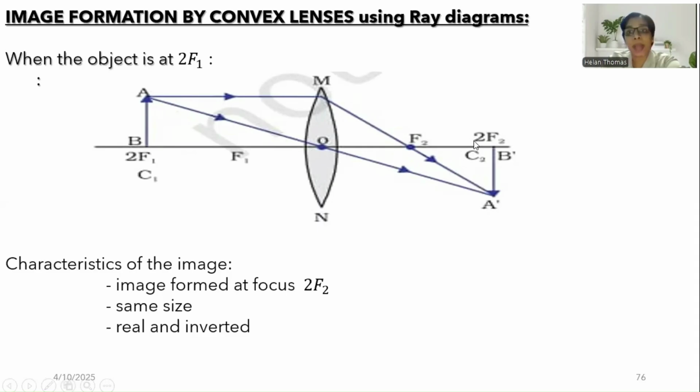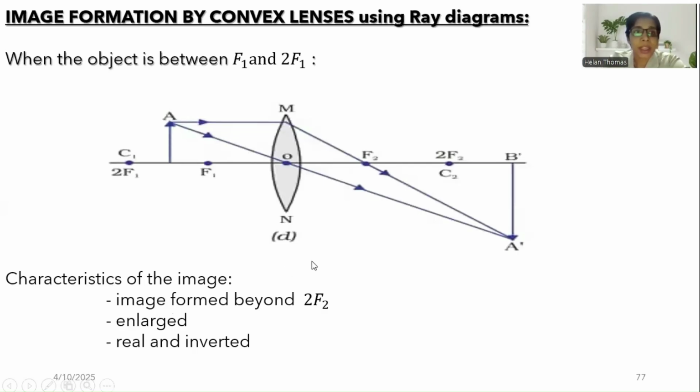It is formed at the second center of curvature, or 2f2, and it is real and inverted. Here, remember in the concave mirror, when the object was at C, the image was also formed at C. So this is all the same. The object is kept at C1, the image is also formed at the second center of curvature, and it's of the same size.